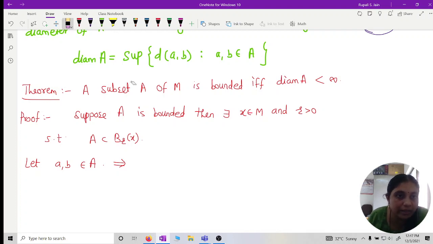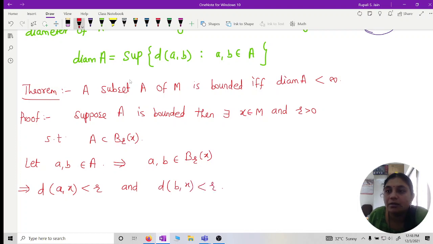They also belong to Br at x. So the distance between a and x is less than r, and the distance between b and x is also less than r by definition.